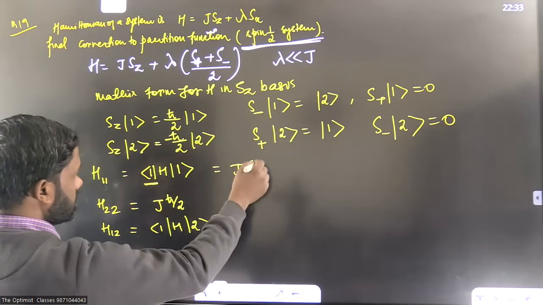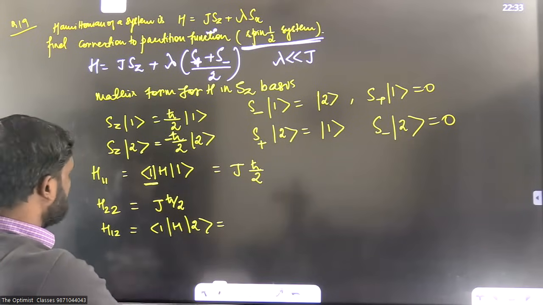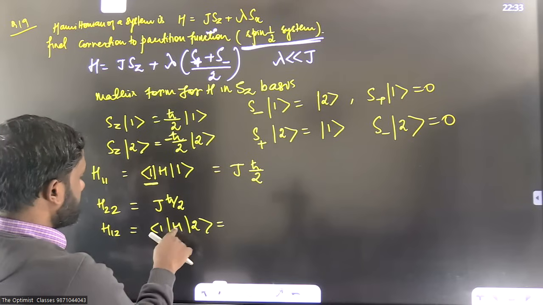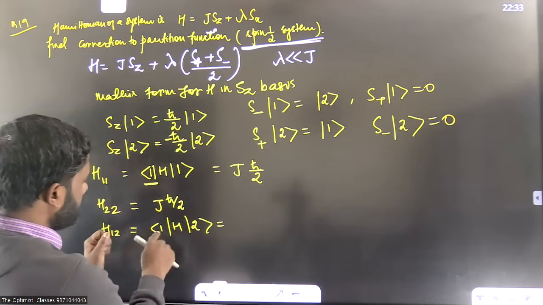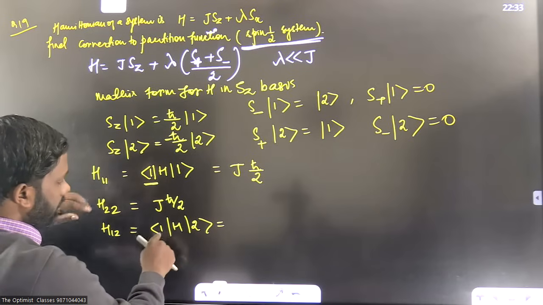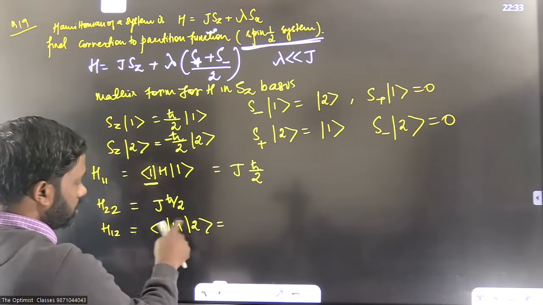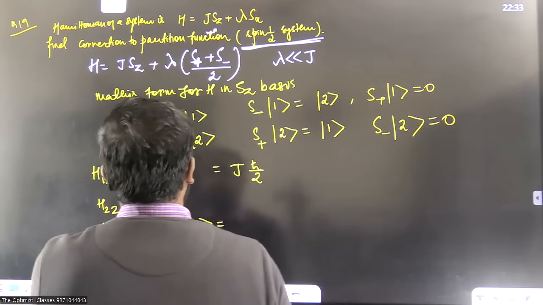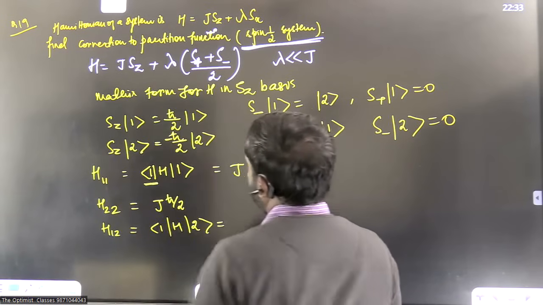So there will be J h bar by 2 here. Now, H acting on 2, on this side we are multiplying by 1. When Sz acts on 2, you get 2, and the inner product of 1 and 2 is 0. So this factor doesn't contribute.